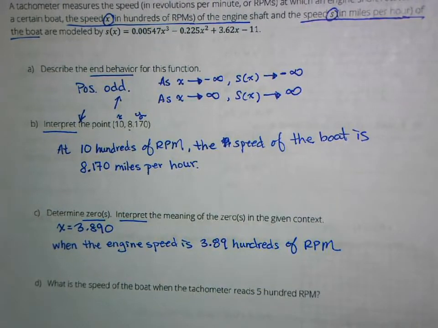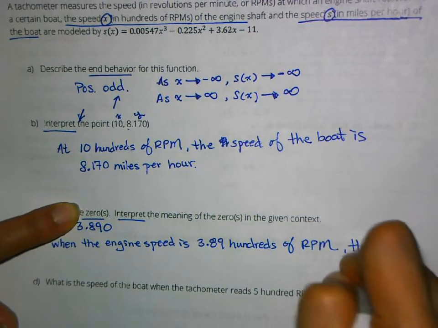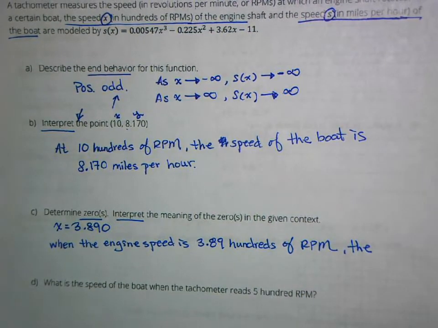What's happening when the speed of the engine is at 3.89 hundreds of RPM? This is at a zero. Y is 0. So that means the speed of the boat is 0 miles per hour. Well, what does that mean? That means the boat is not moving.